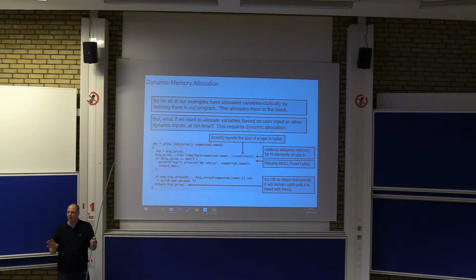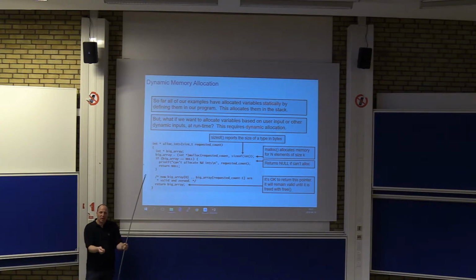This will always be valid until you specifically, by calling the free function, decide to hand back the memory to the operating system. So that's the tricky part with dynamic memory. You need to explicitly allocate it, but you also need to explicitly hand it back to the operating system.